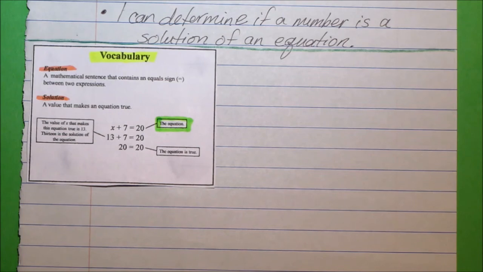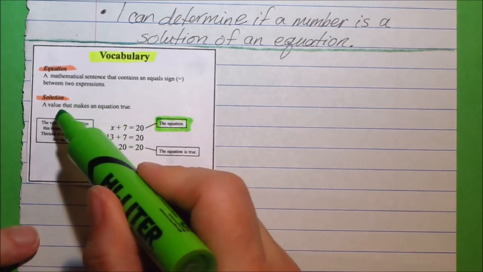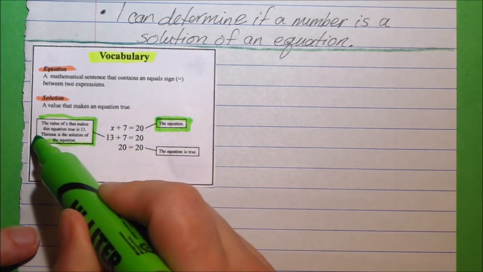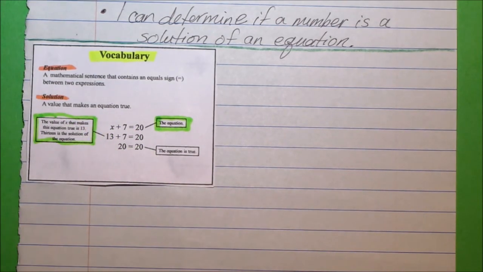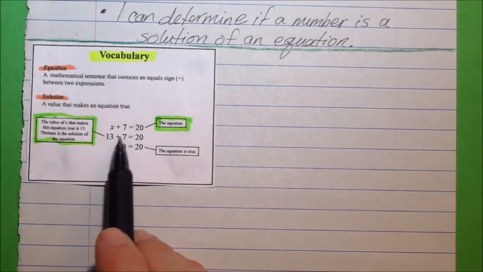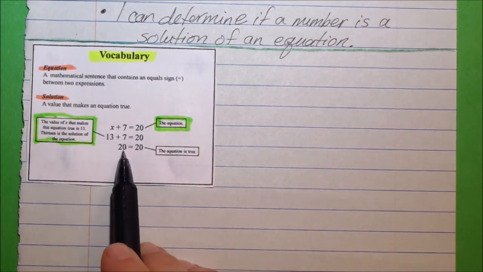All right? Now, the value of x that makes this equation true is 13. 13 is the solution of the equation. We can prove that by plugging it in where the variable was. So now we have 13 plus 7. 13 plus 7 is 20.